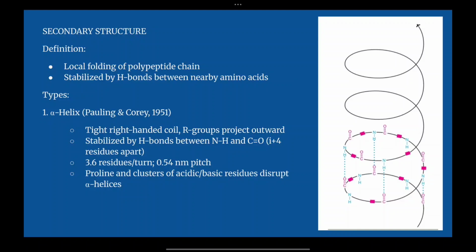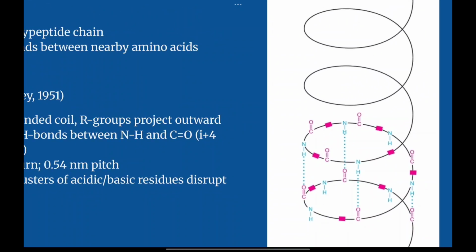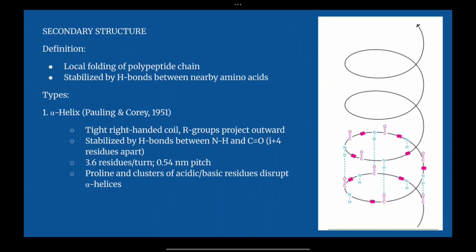So that is how it was determined. A stabilizing hydrogen bond between the amine group and the carboxyl group was seen, and there were around 3.6 residues per turn, with a 0.54 nanometer pitch, that is, the distance between the turns is around 0.54 nanometers.